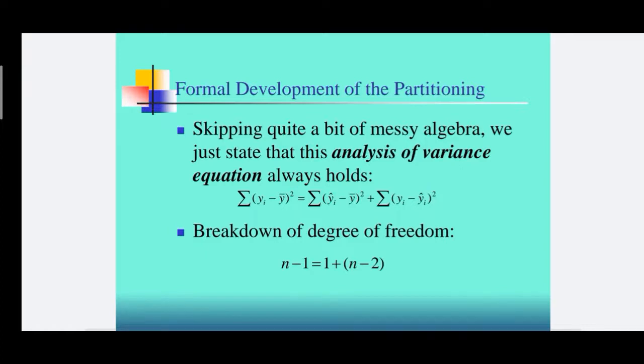Okay, and then for SSR, the degrees of freedom for SSR is 1. Because actually 2 degrees of freedom are associated with the regression line, beta naught and beta 1. But one of the 2 degrees of freedom is lost because we estimate the Y bar. So because of that, the degrees of freedom is 1.